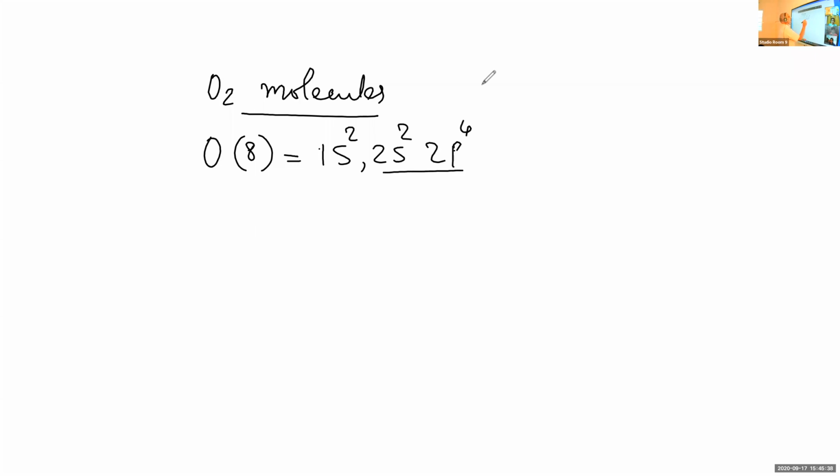So in the outermost shell, the valence shell, there are 2 plus 4, 6 electrons. To complete the octet of 8 electrons in the outermost shell, oxygen needs 2 more electrons.